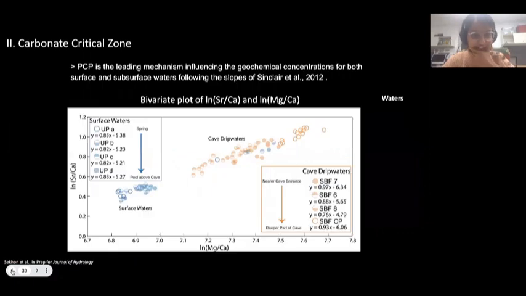Barium pretty much does the same thing as strontium. Here I've just shown strontium to calcium in normal log and magnesium to calcium, but barium pretty much does what strontium does, and it's really nice to see this evolution of PCP from the surface waters all the way to cave drip waters.